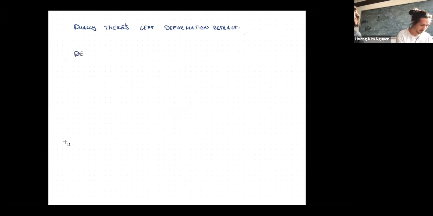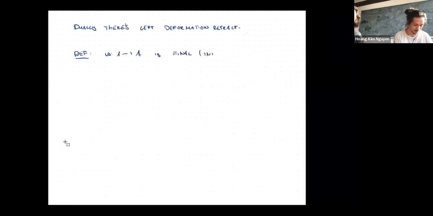And then we can use this already to define what final and initial objects are. A map is called final, respectively initial, if it is a right, respectively a left, deformation retract.